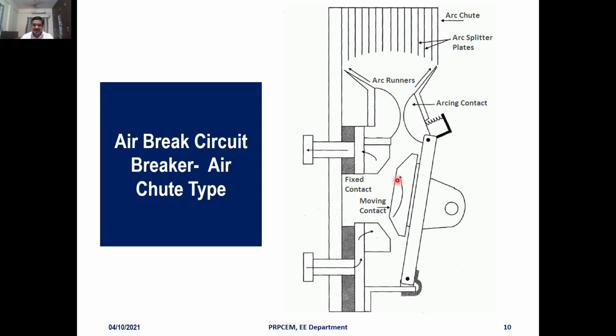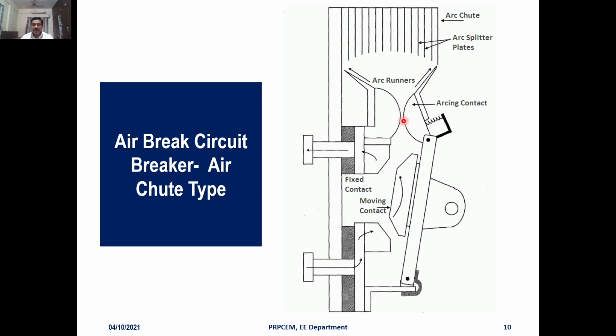In that case the moving contact starts opening from the fixed contact, and there is a blowout effect, so the arc formed between these two contacts moves in the upward direction.